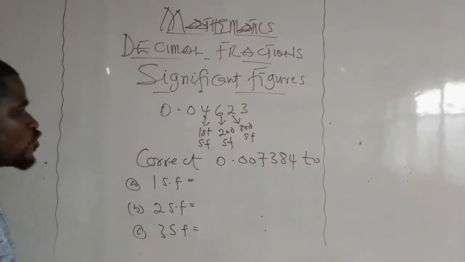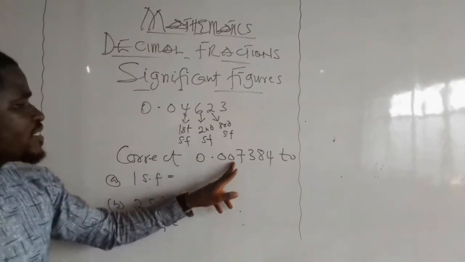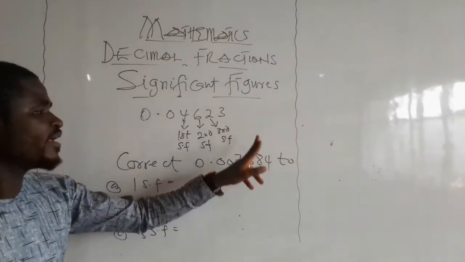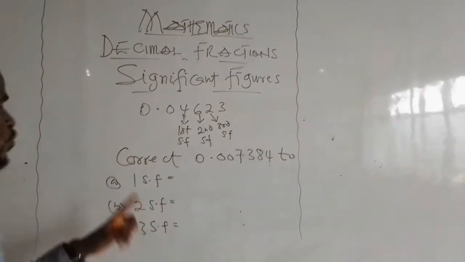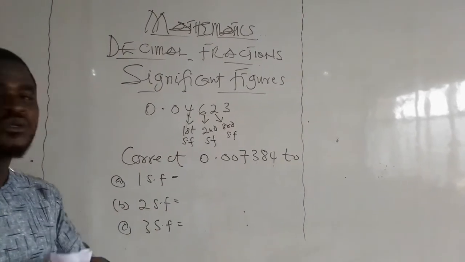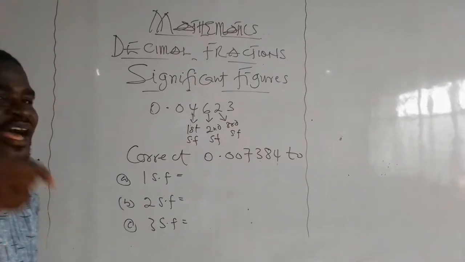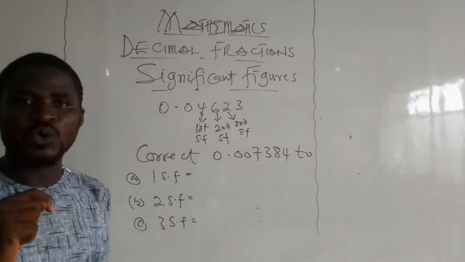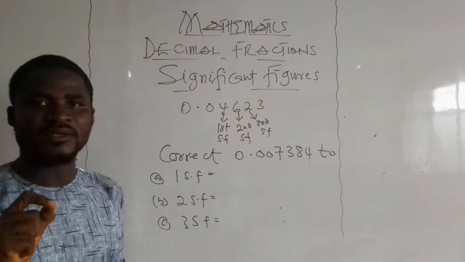Good. So we are going to correct 0.007384 to 1 SF. So the first thing to consider is to identify your first SF, or your first significant figure.